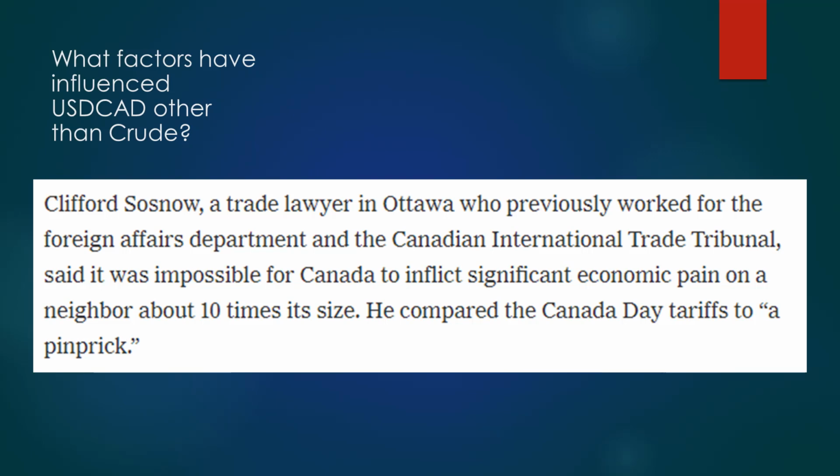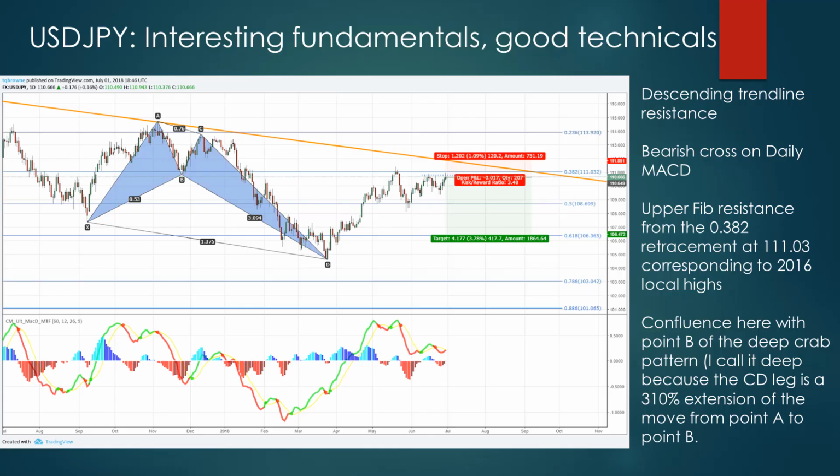On the other hand, we still have yet to see the lasting effects of the trade war on things like Canadian employment, Canadian GDP, Canadian manufacturing data. So as these data releases come out in subsequent quarters, that's when we're really going to start to see things sour in Canadian equities, Canadian debt indices, and thus the Canadian currency.